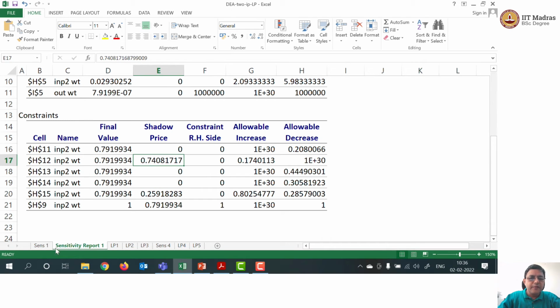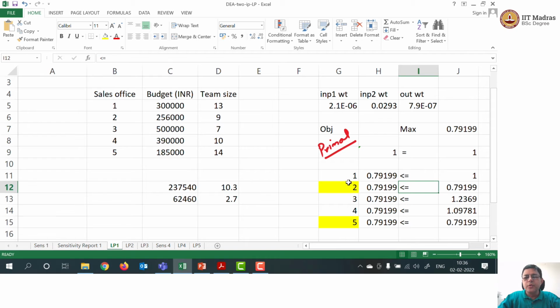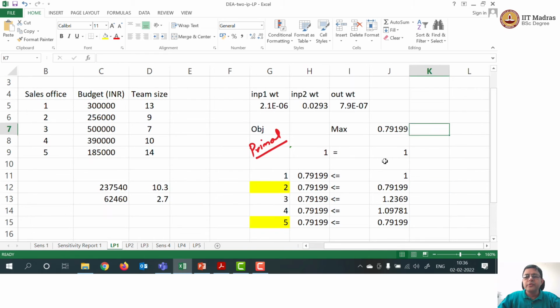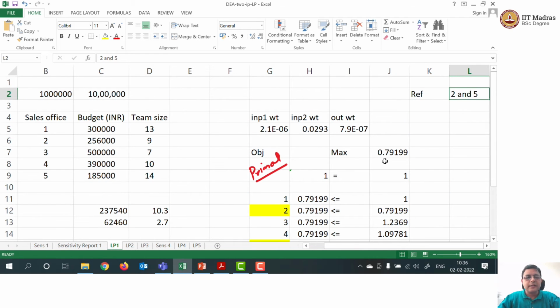Therefore, we conclude that for DMU1, DMUs 2 and 5 are the reference units. Why did we conclude that?